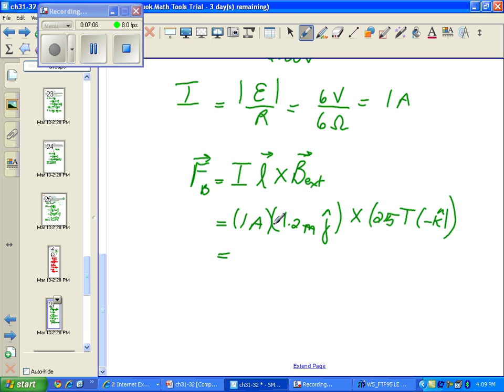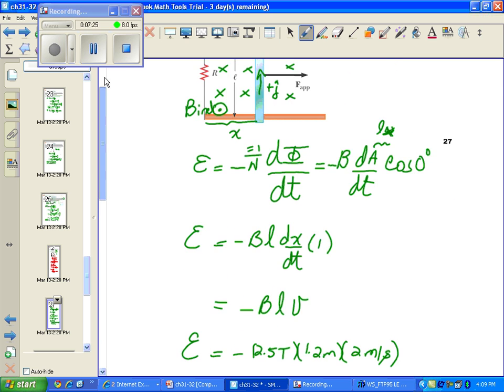And what we get here is that the magnetic force, therefore, j hat cross negative k hat, gives us a minus i hat direction with a magnitude of 3 newtons. Well, let's see.